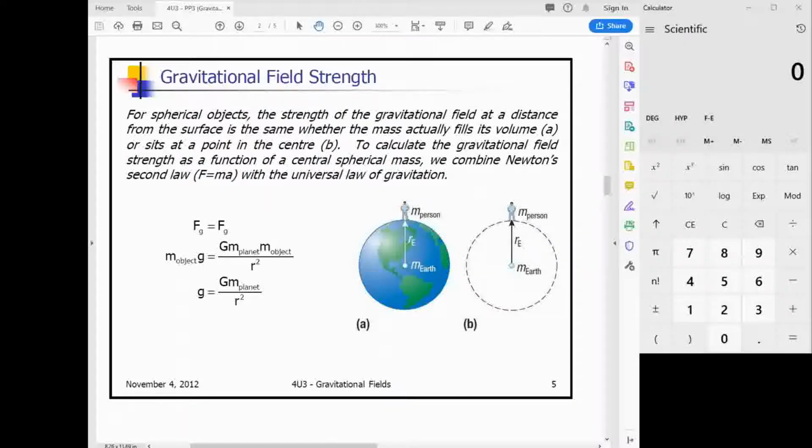If we set these two equations equal, we find that m object can be divided out on both sides. So we're left with our lowercase g being equal to big G times the mass of our planet over r squared. So the gravitational field strength is calculated irrespective of the mass of the object. No matter what the mass of the object is, it'll experience the same lowercase g.